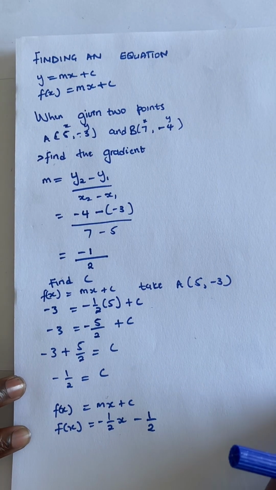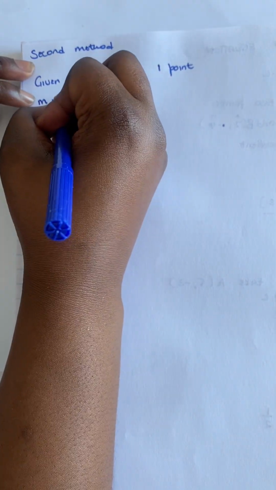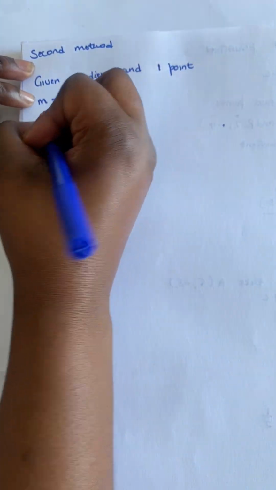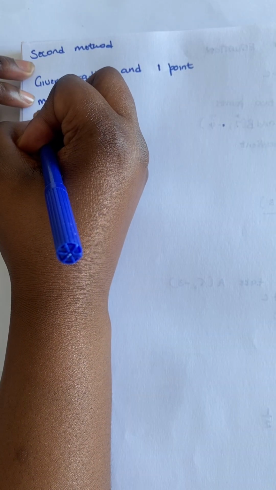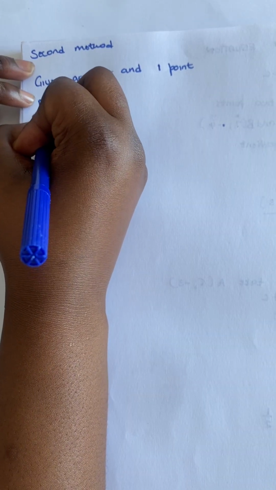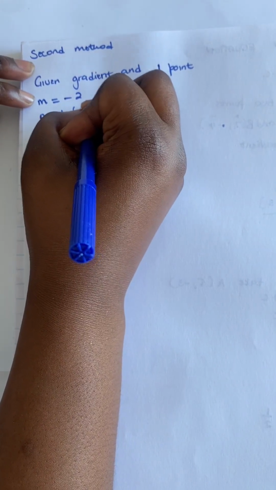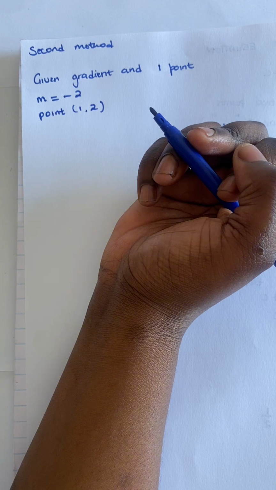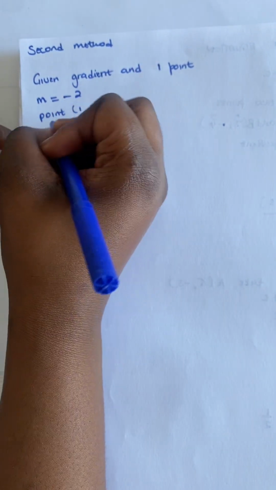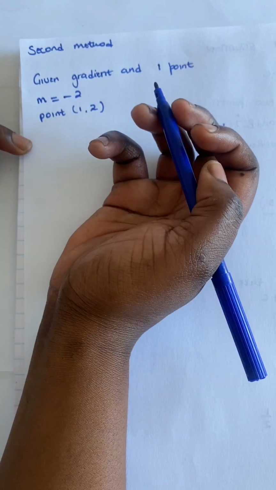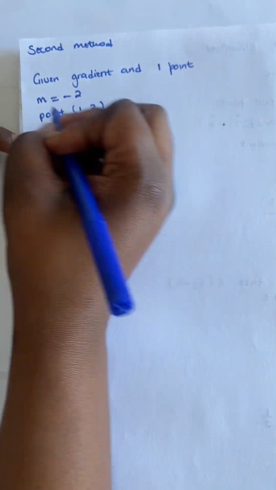Okay, and then with a gradient of negative 2 and point (1, 2). You don't know, there is a formula for calculating an equation of the line when given a gradient and a point.